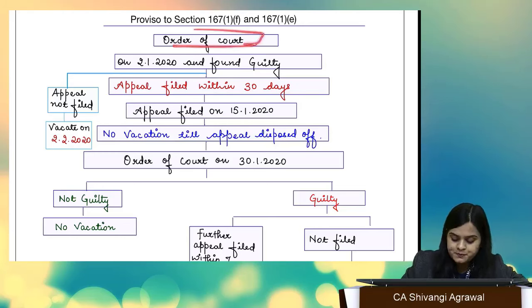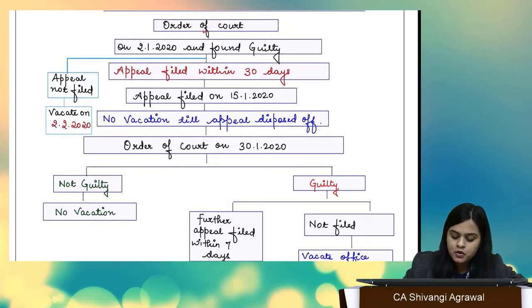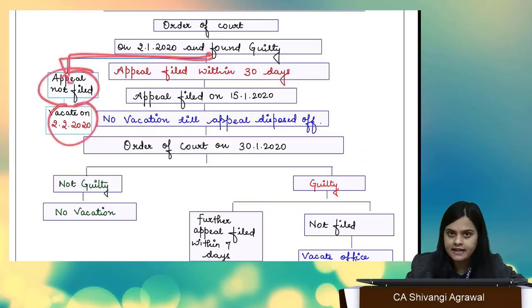Order of court. So we have a court order and the court order finds us guilty. I have two choices. I can either file an appeal or I don't file an appeal. I get a chance to file an appeal within 30 days. If I don't file an appeal, on the 31st day, I vacate.